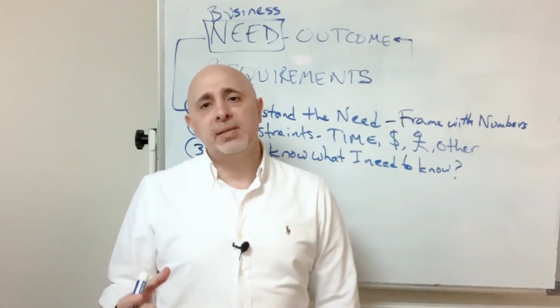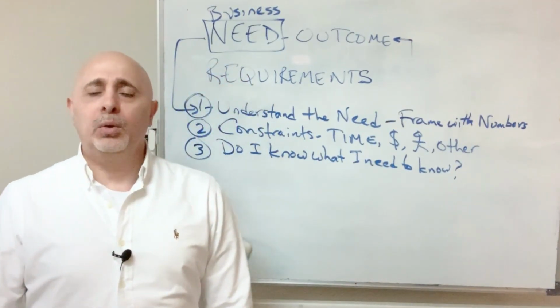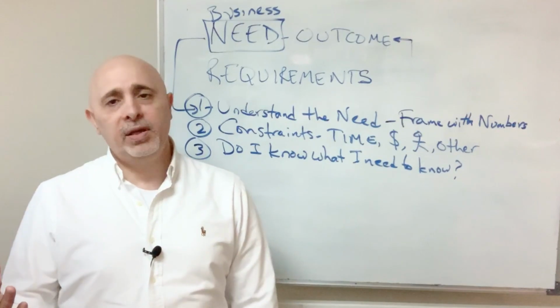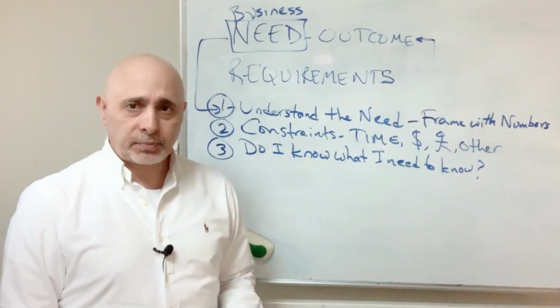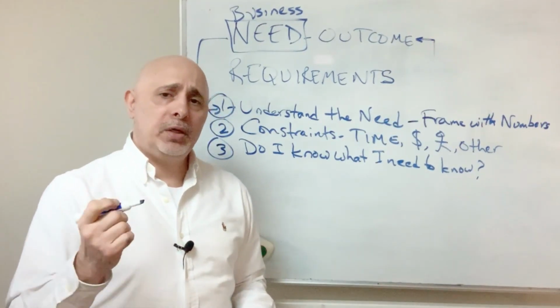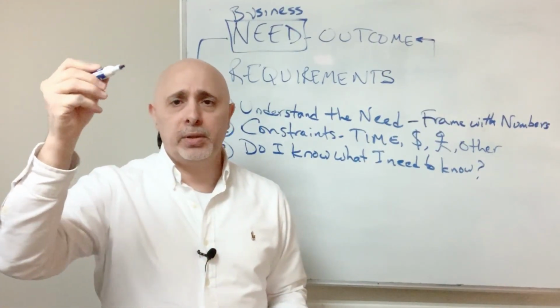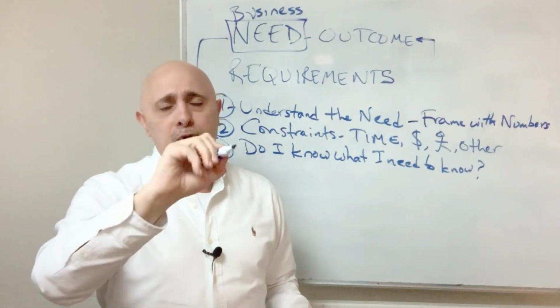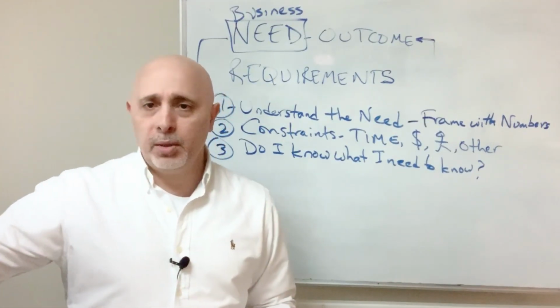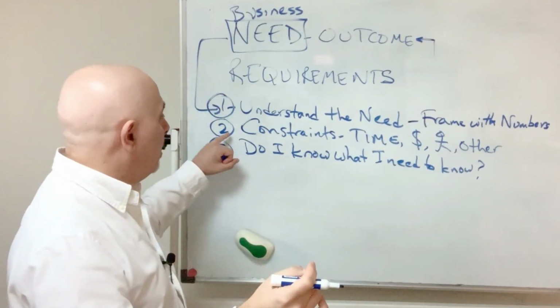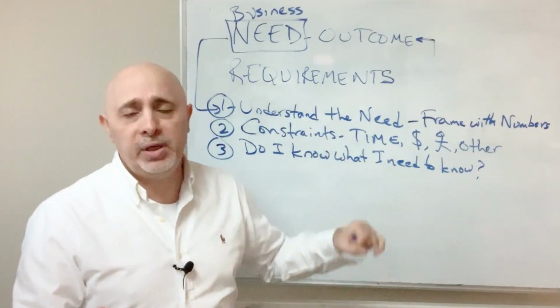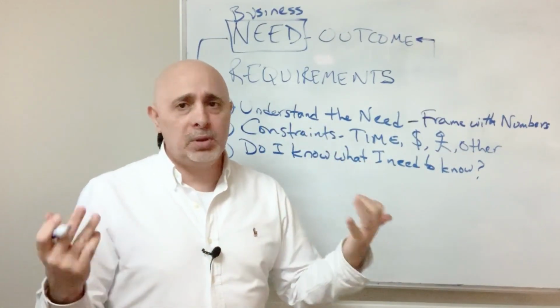Those questions that I have in mind are going to be answered by specific people or certain documentation. So now what you're going to do is create a list that says, item number 1 that I need to know is how many people will use this solution. Item number 2, how much are they willing to spend, which was probably covered in step number 2 in the constraints. Item number 3, for example, the location.